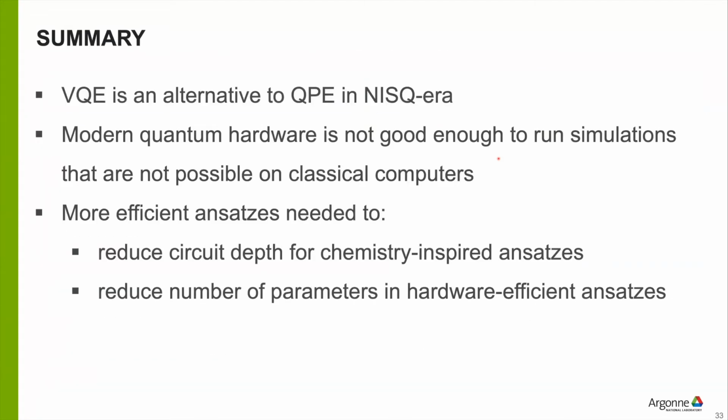So to summarize, the variational quantum eigensolver is an alternative to the fully quantum phase estimation algorithm for the noisy intermediate-scale quantum era, where our computers today are very noisy, and we try to limit the length of the circuit that we run.